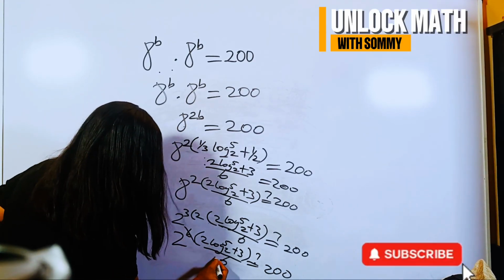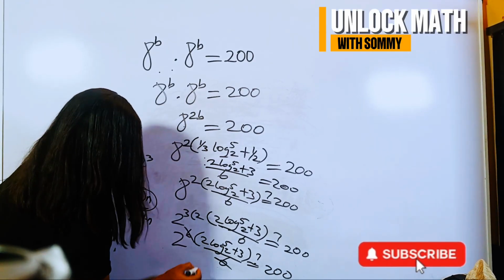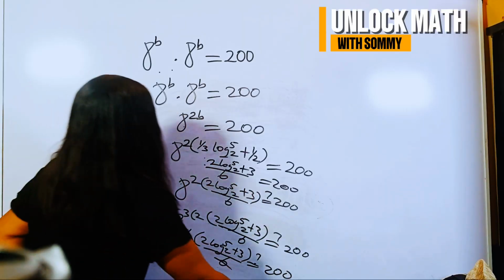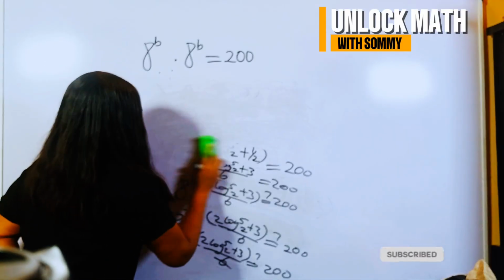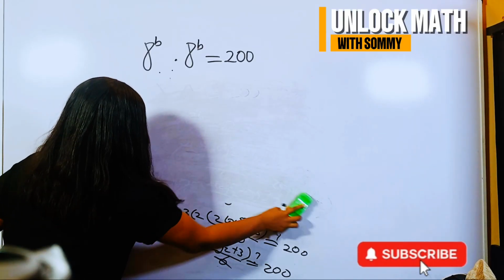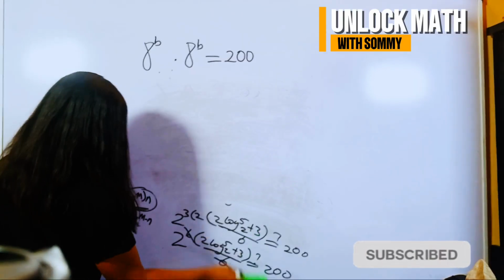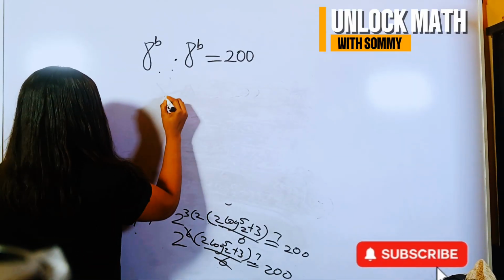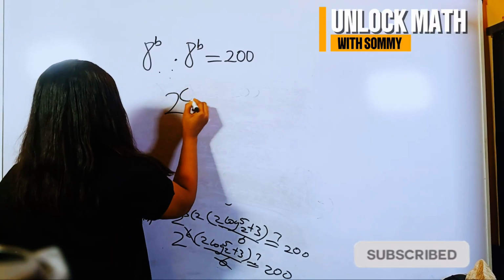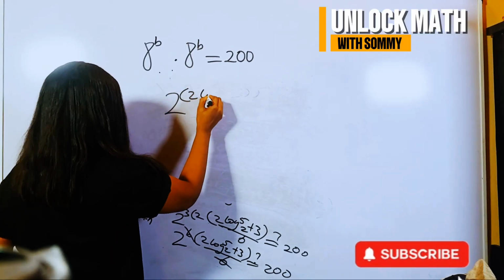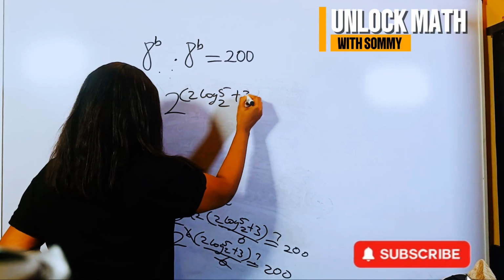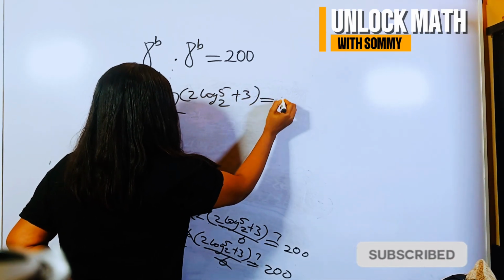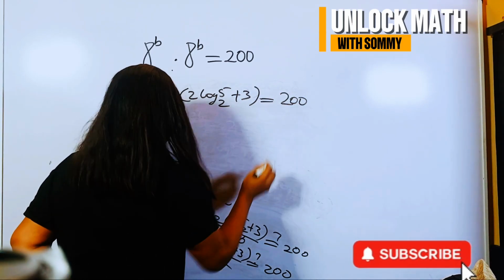Since you cancel this and this is equal, let's bring this up. When we bring it up, we now have 2 raised to the bracket 2 log 5 base 2 plus 3 will give us 200.